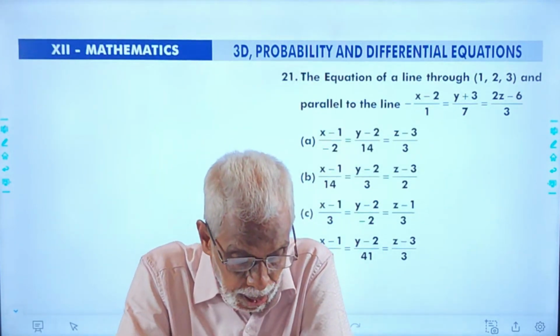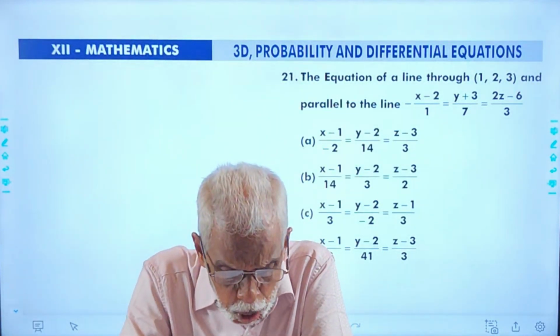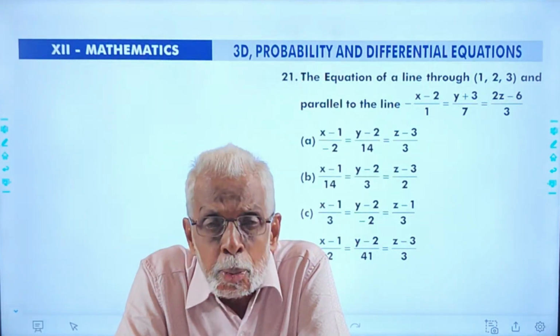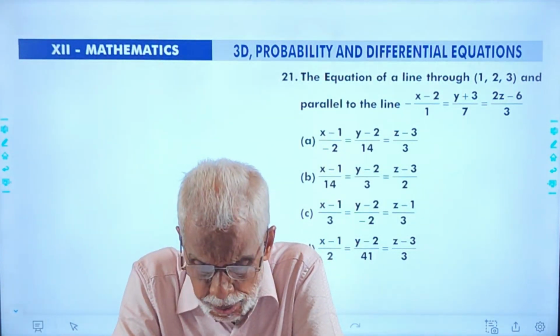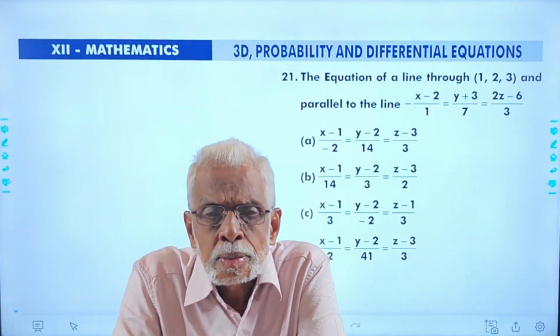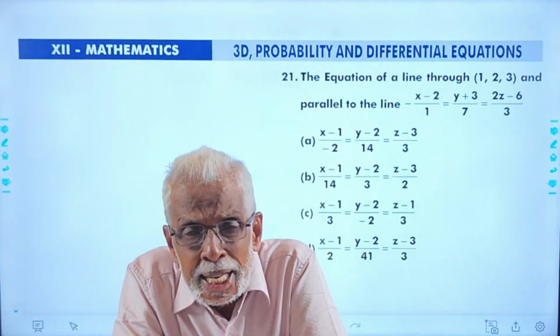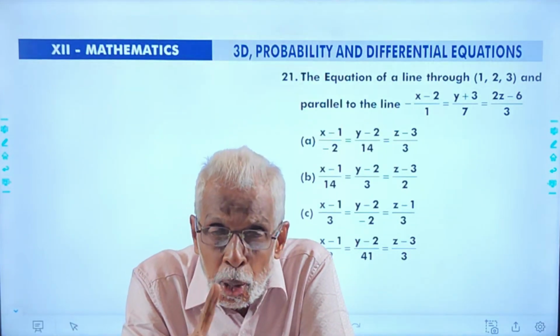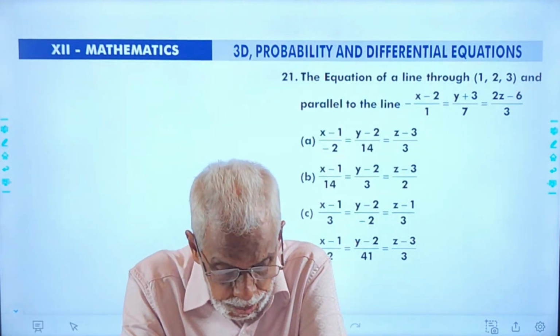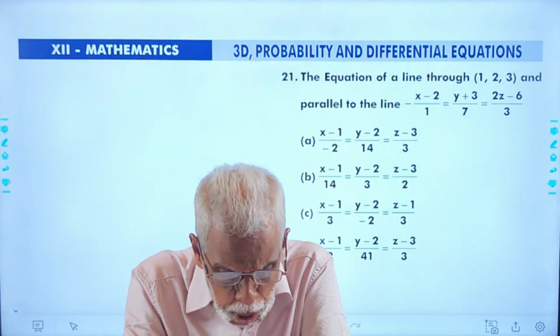21st question. The equation of a line through (1, 2, 3) and parallel to the line (x minus 2) by 1 is equal to (y plus 3) by 7 is equal to (2z minus 6) by 3. In order to find the equation of the line, we need a point on the line plus the direction ratios of the line. The point on the line is (1, 2, 3).